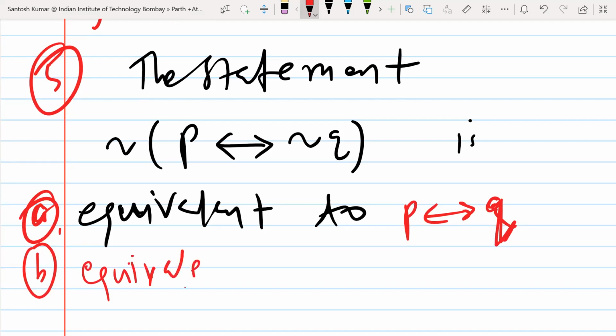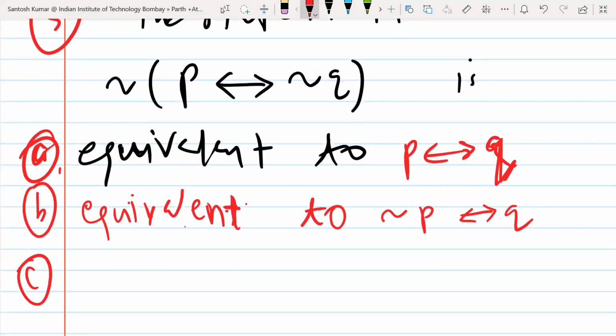So it is equivalent to not P if and only if Q, and the C option is a tautology.